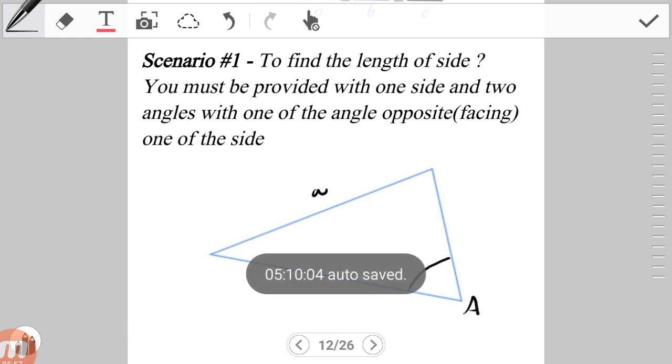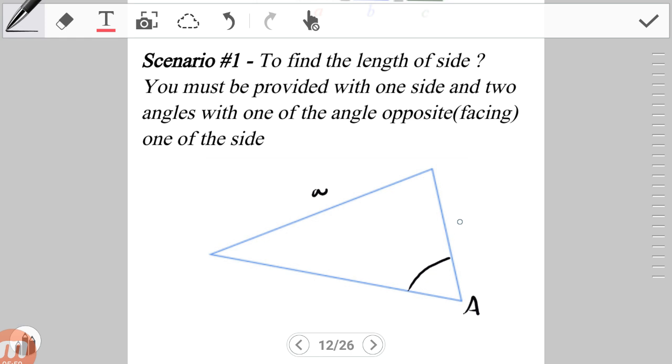And so clearly, if I am provided with, say, this angle here, then that would naturally mean that I'll be finding the side X down here.